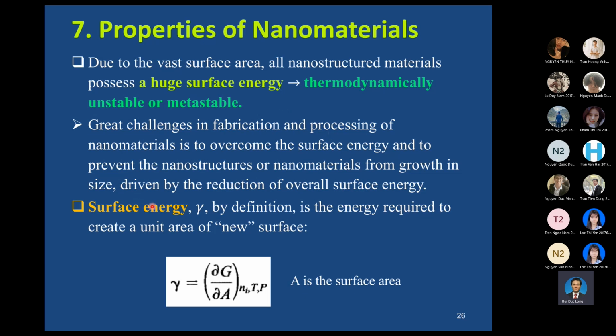The surface energy of nanomaterial can be defined, gamma, as the energy required to create a unit area of a new surface. So this is the surface energy, dE to dA, and it depends on the temperature, pressure, and so on.